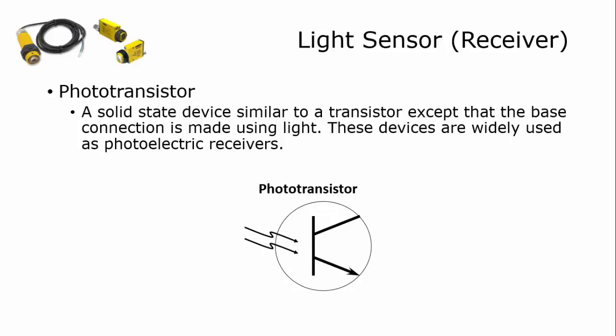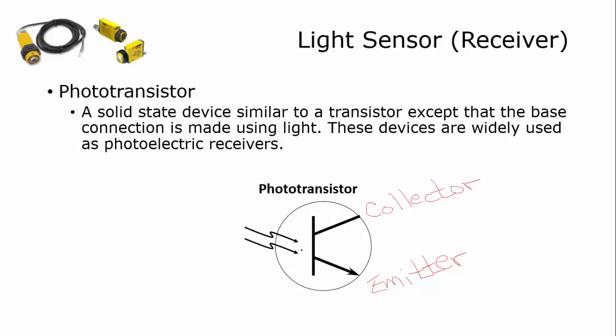There's also a replacement for the photocell, and that's a phototransistor. A phototransistor is a solid-state device. You can see the symbol on this looks very similar to the transistor that we talked about in our last lesson. It has a collector up here, just like a regular transistor. It has an emitter lead, not to be confused with the emitter of a photoelectric sensing pair.